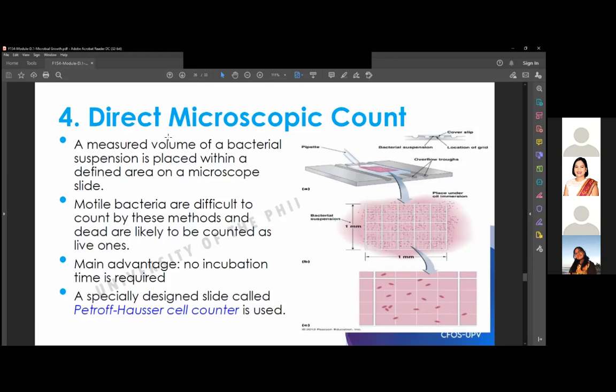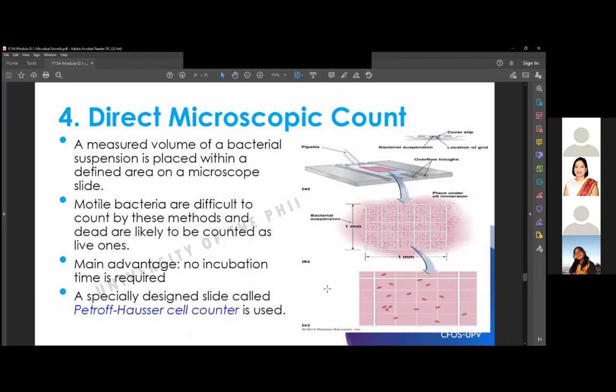Okay. So now let's go to the direct microscopic count. When you say direct, no, you are looking at the bacteria mismo. So for the first example, you take a measured volume of a bacterial suspension and place it in a microscope slide. And if you are examining a motile na bacteria, anong gagawin mo?